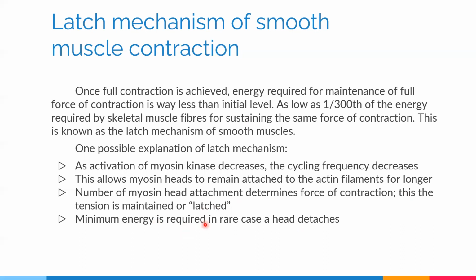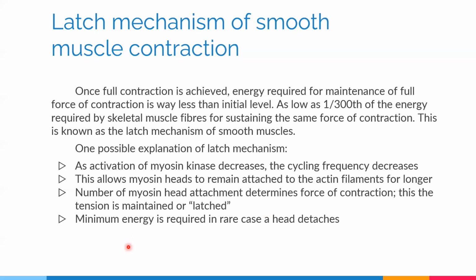So, like the latch on our doors, once the latch is put down, until it is removed again, the force which blocks the door remains. Similarly, once the myosin head has latched onto the actin filaments, until it detaches, the full force of contraction is maintained.